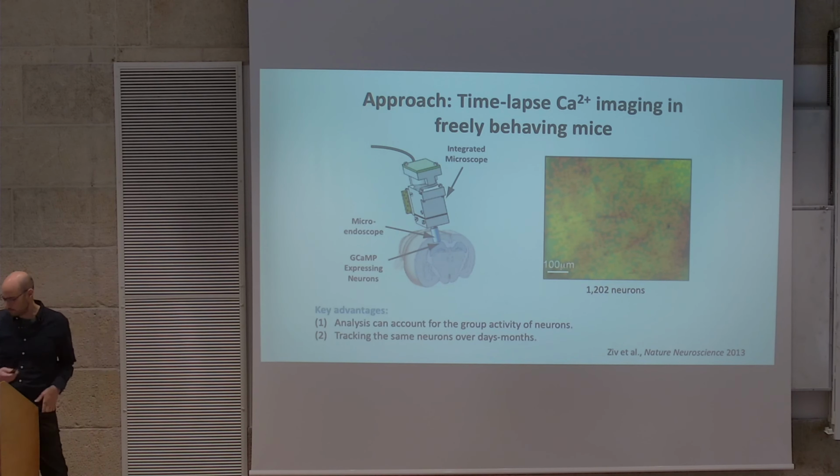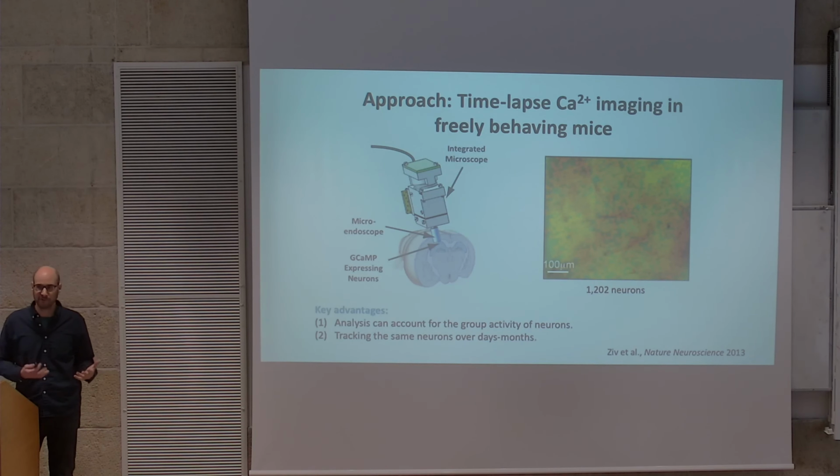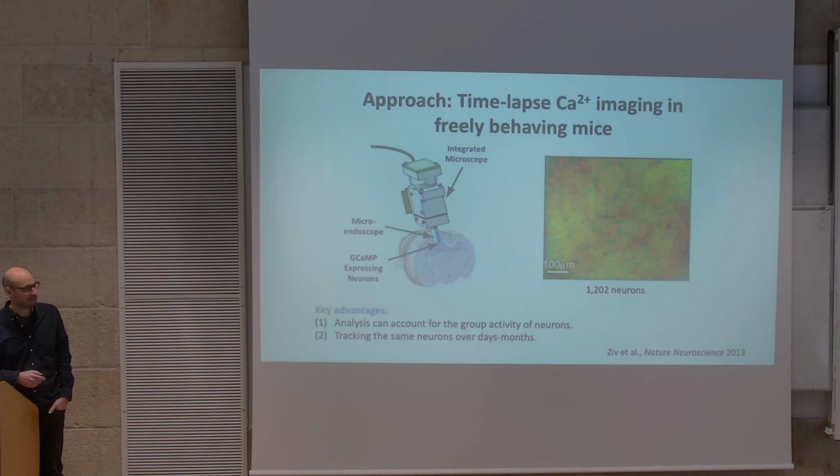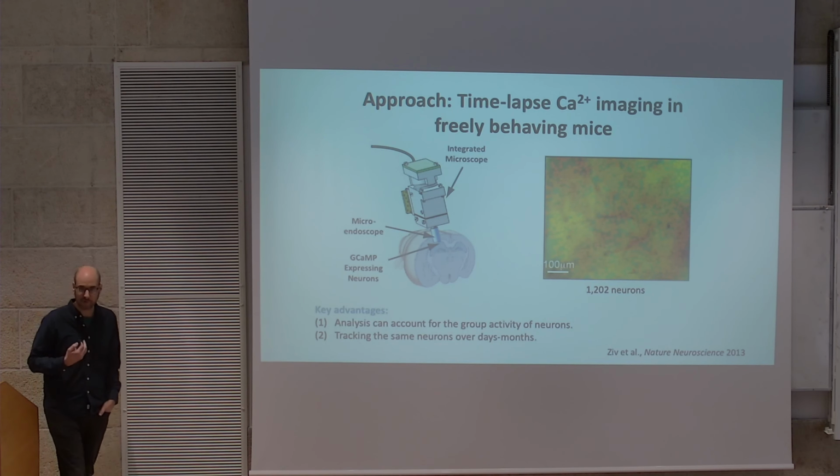Now, this approach, which is pretty much in common use right now, has many advantages for neuroscientific studies, but for studying neural coding of long-term memory, it offers two critical advantages. The first is the ability to record from a fairly large population of neurons, more than 1,000 neurons simultaneously.